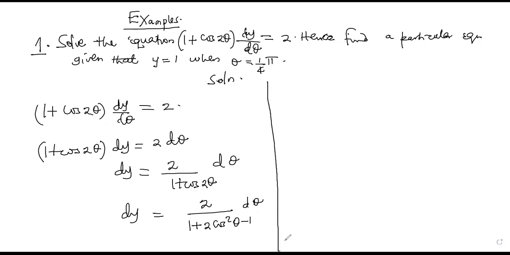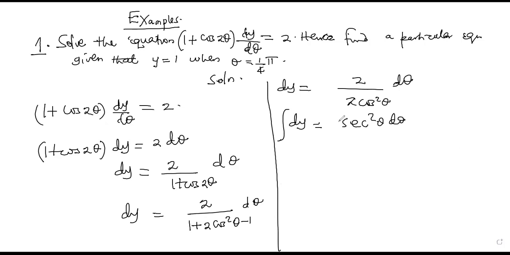Still I can write dy is equal to 2 over 2 cos squared theta d theta, because the 1 and negative 1 will go. So I have dy is equal to, the 2 will go, 1 over cos squared is sec squared theta d theta. I integrate both sides. When you integrate dy, you get y. When you integrate sec squared theta, you get tan theta, plus of course a constant of integration.